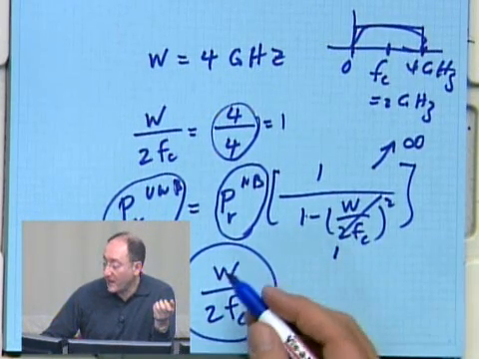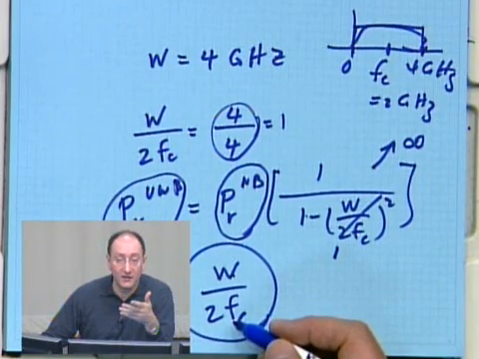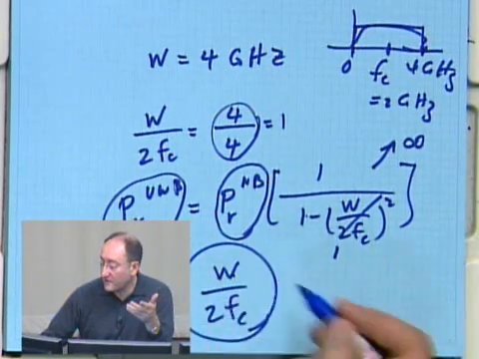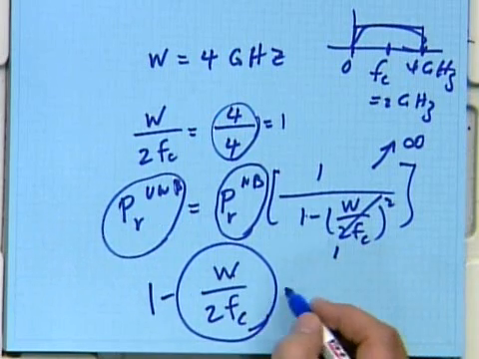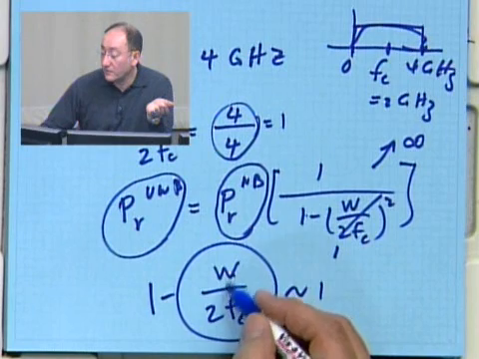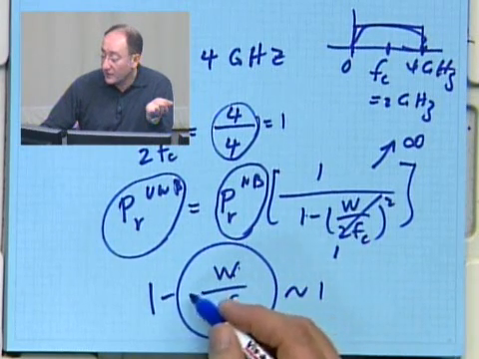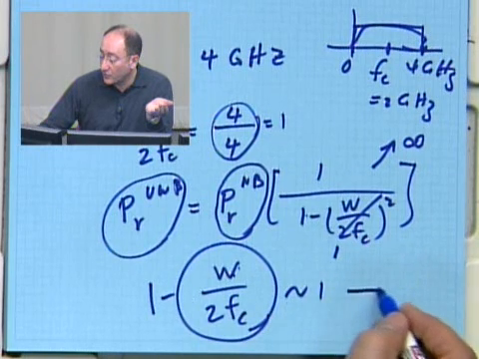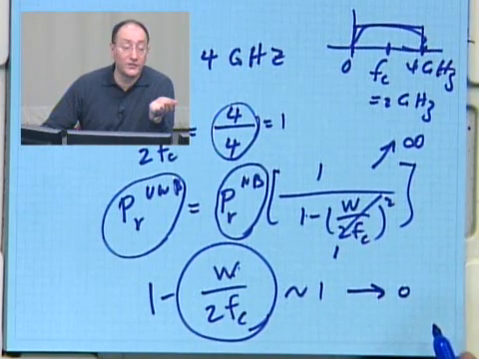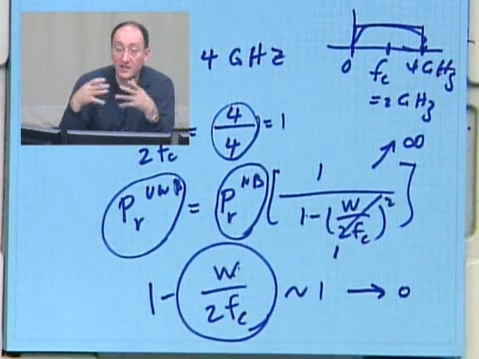If the bandwidth is narrow and fc is high, I have 1 minus this thing, which is close to 1. As W becomes larger with respect to fc, this number moves towards 0, and my efficiency becomes better and I send more power.